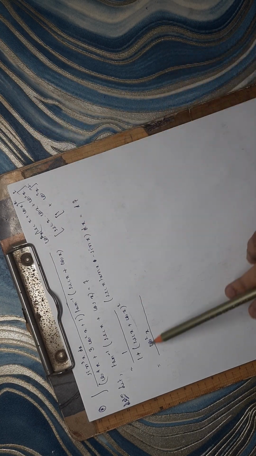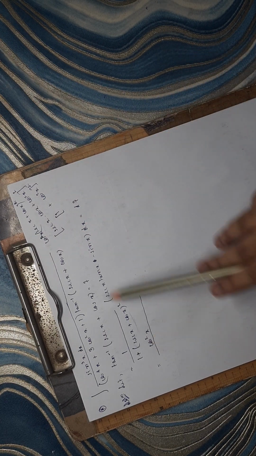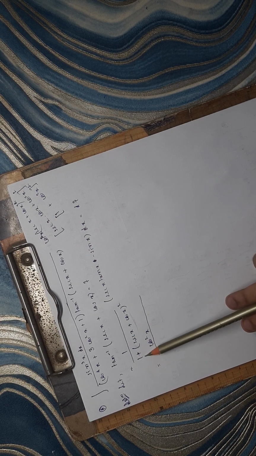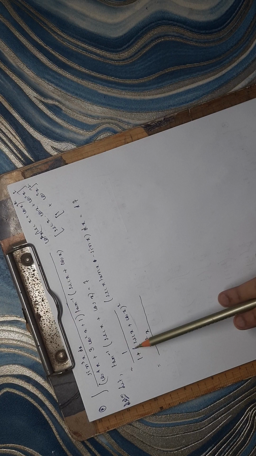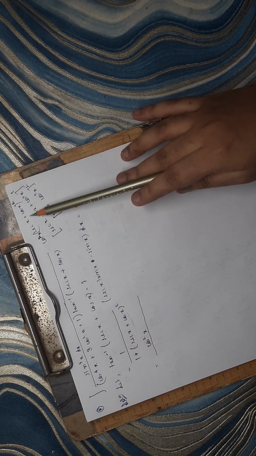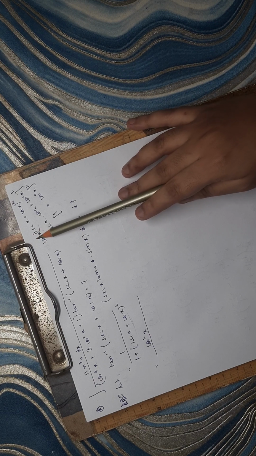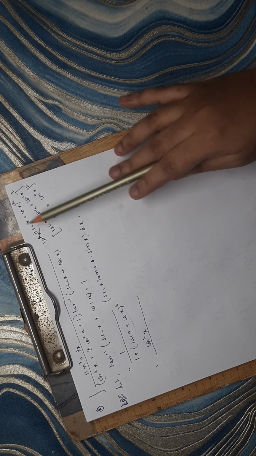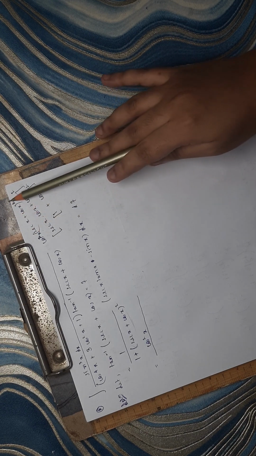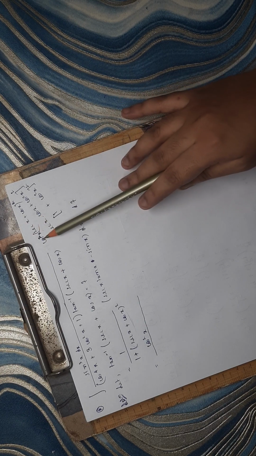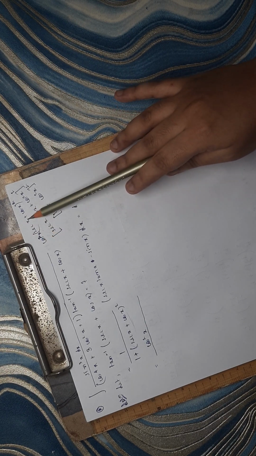When you multiply cos square x in the denominator, you get cos square x here, and here you have cos square x multiplied by this part. When cos x enters inside, this square remains here only. This does not change anything. You can't take cos square x entirely inside.